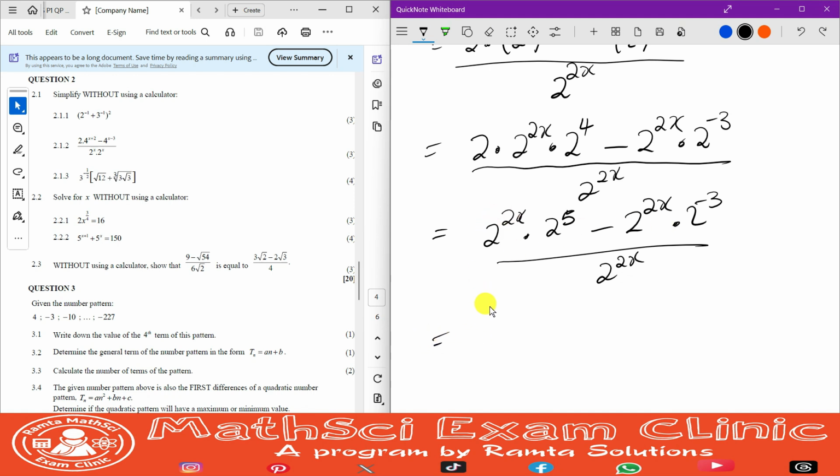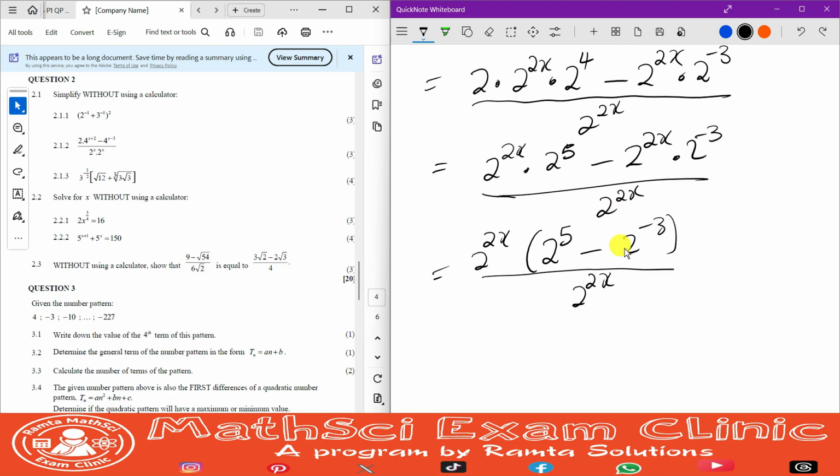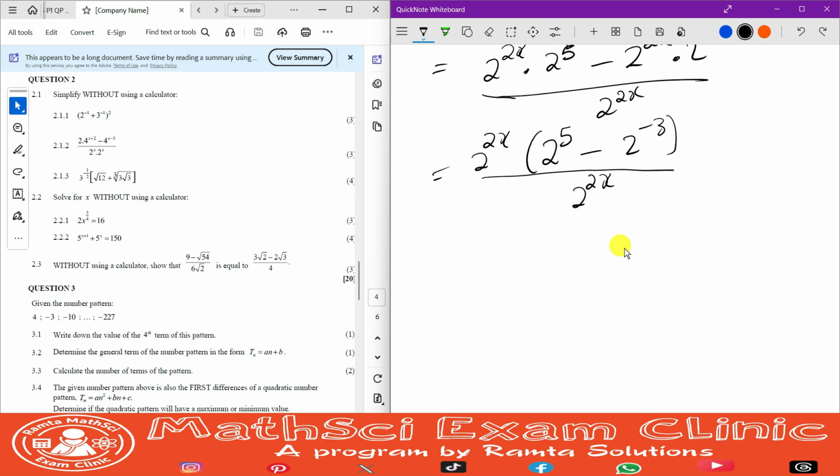We see a common factor in the numerator, which is 2 to the power 2x, leaving 2 to the power 5 minus 2 to the power negative 3, all over 2 to the power 2x. The 2 to the power 2x's cancel. We are left with 2 to the power 5 minus 2 to the power negative 3.